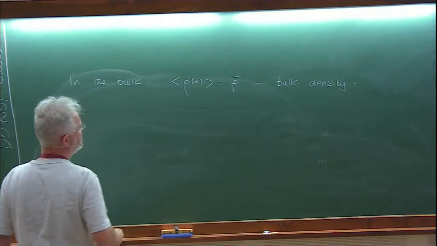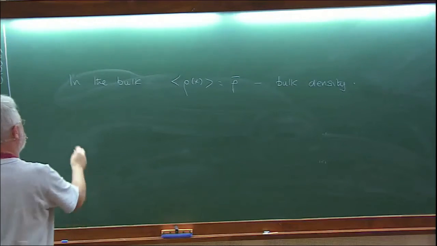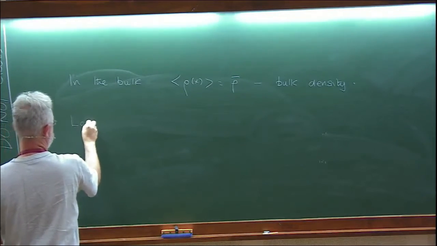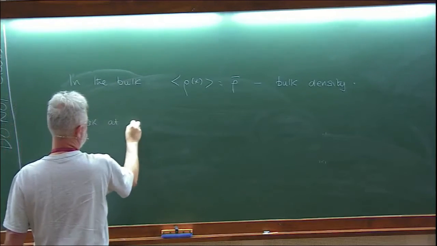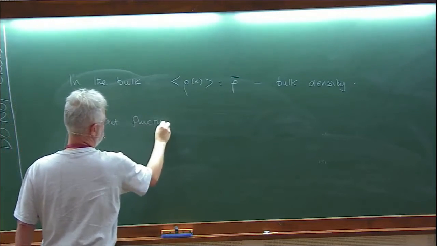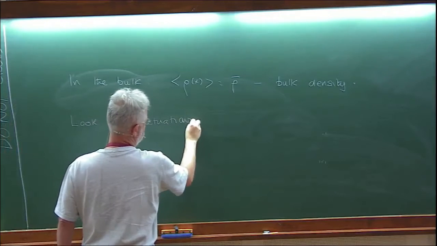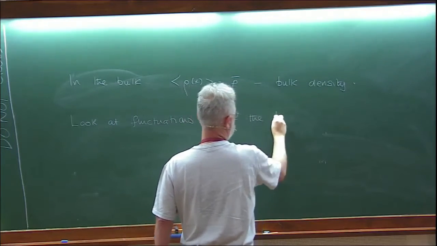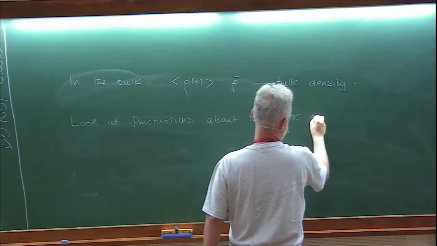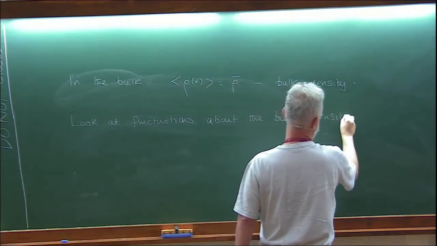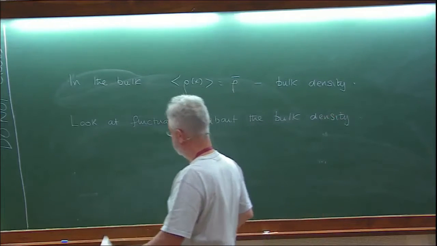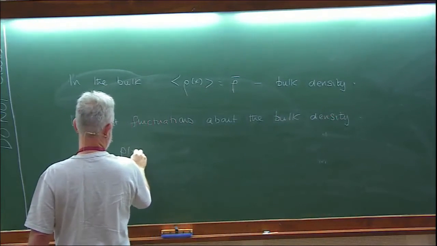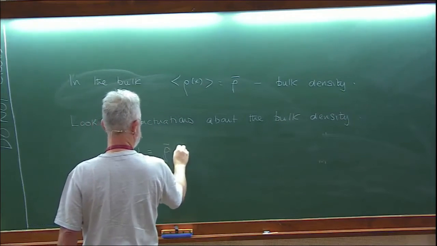So what I'm going to do is look at fluctuations about the bulk density. I'm going to write that rho of x is equal to rho bar plus n of x.